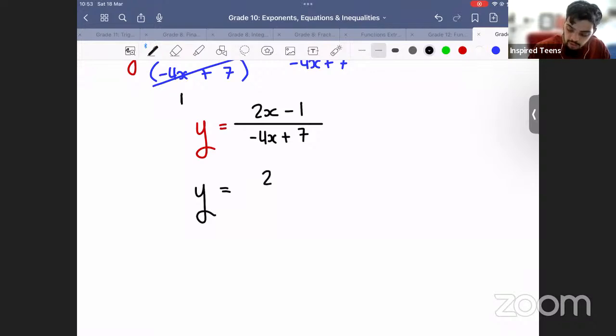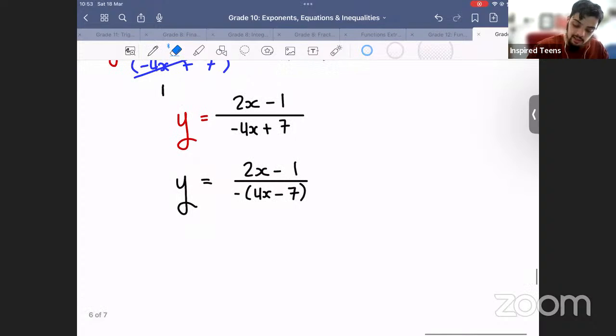So you'd have 2x minus 1 over negative 4x minus 7. This negative sign could actually move there, it doesn't really matter. You could have that if you'd like, depending on the question, it's not too finicky. And that's your final answer, correct.